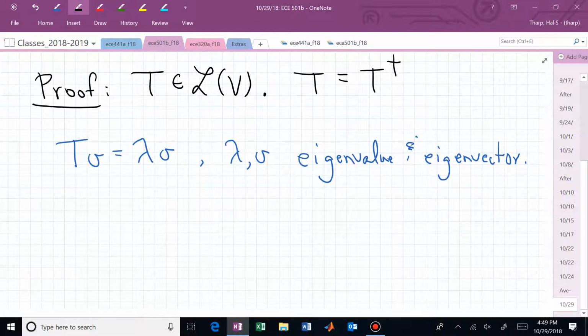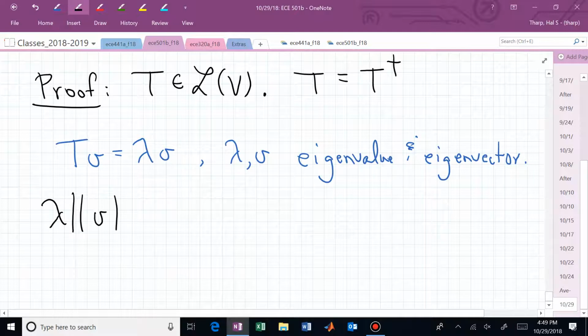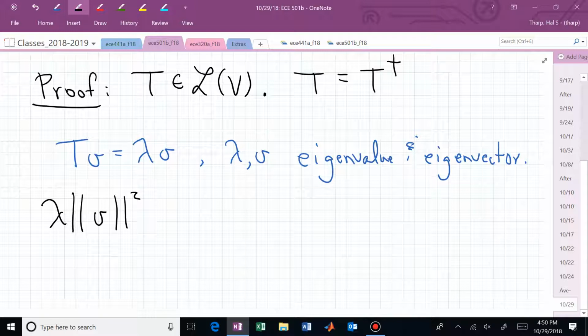So the hardest part is knowing where to start. So let's start with that. Let's look at lambda scaling the norm of a generic vector v, but in fact that generic vector is not generic, it's an eigenvector. Yes? How do you know where to start? Well, maybe you don't, and so you know that you need to somehow end up with lambda equal lambda star.